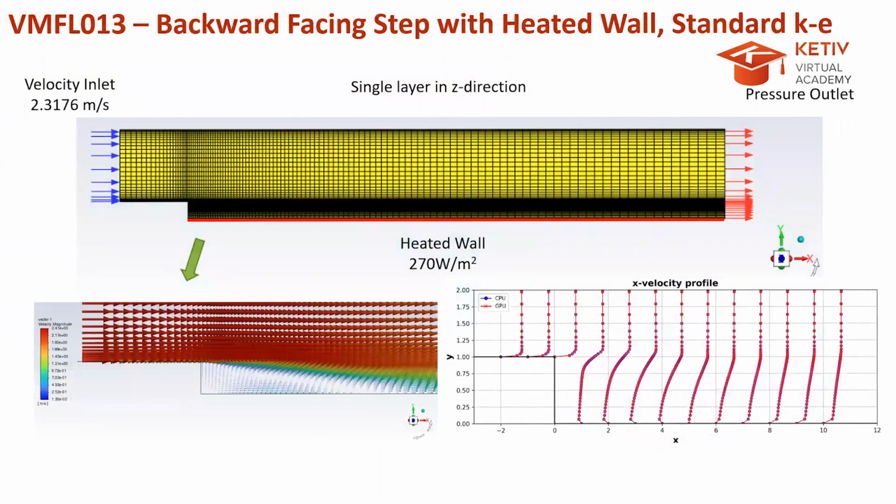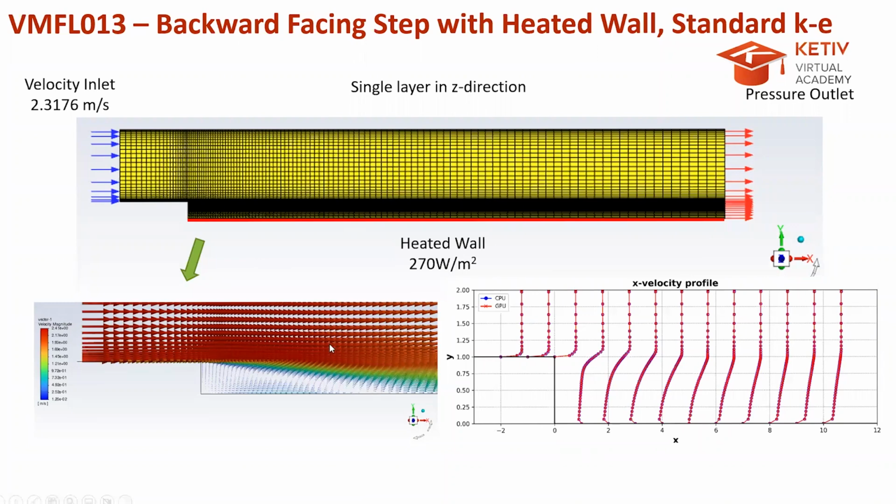Similarly, this is again a very popular benchmarking case, the backward-facing step with a heated wall. It again has a hexahedral mesh. There's a velocity inlet, and there's a heated wall here at the bottom where you're applying some amount of heat. What we did was we ran this case with both the CPU conventional method and then ran it on the native GPU solver.